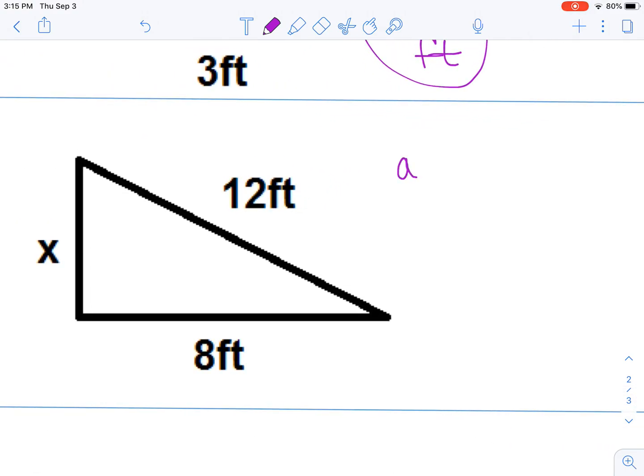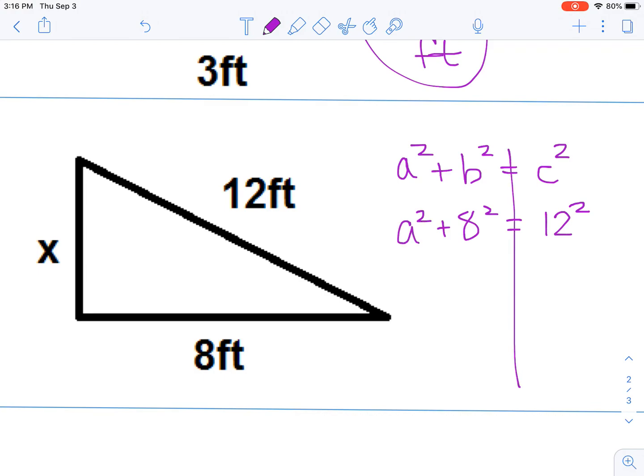There's a missing side. We write our formula out. The 12 is the c, the 8 is the base, and the altitude is the part we don't know. And again, I like to draw that line down so I can see one side versus the other side.